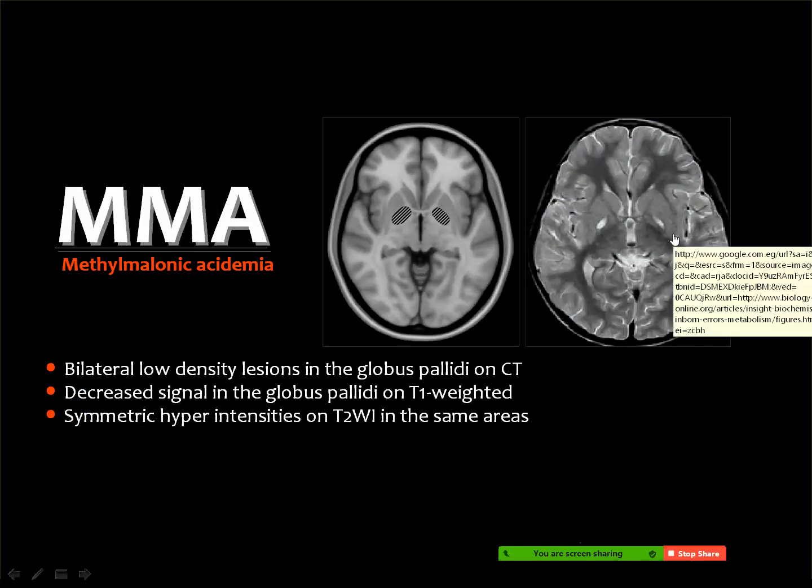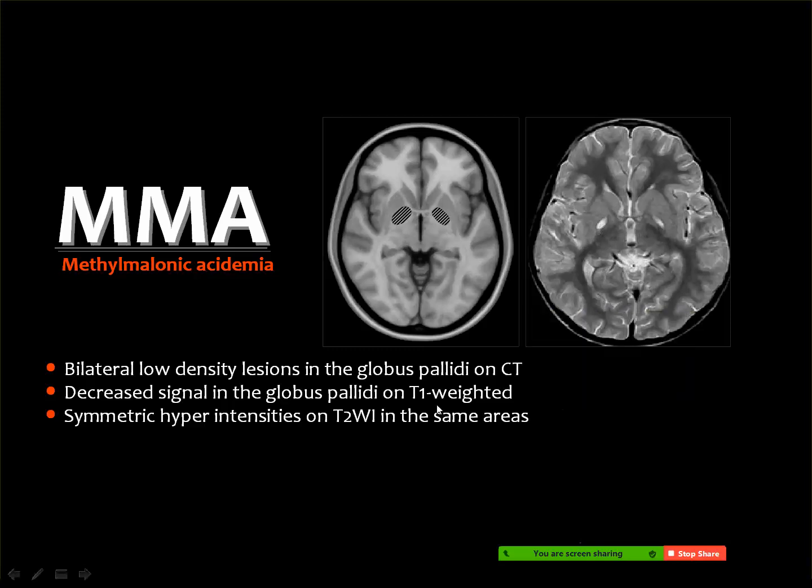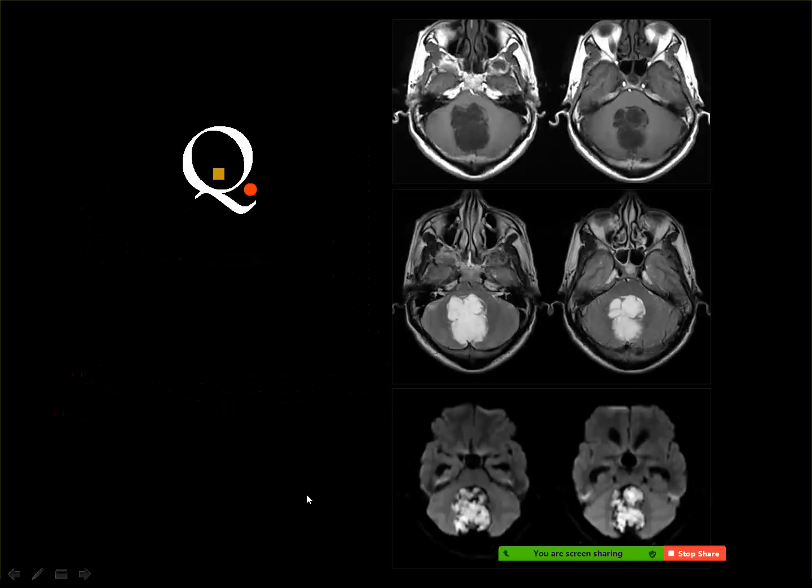And this is almost the typical appearance, where you get abnormal bilateral symmetrical high signal in the globus pallidus of the lentiform nucleus.